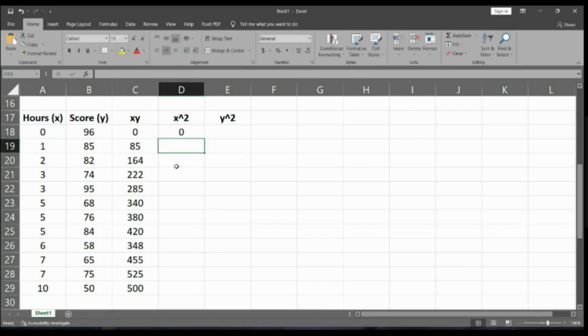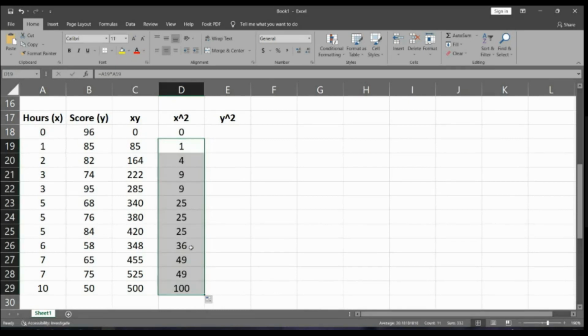If you cannot find that symbol, then you may just multiply the same cell by itself, 1 times 1. That is as good as 1 squared. So it's up to you which one you are most comfortable with. And then drag. That's it.